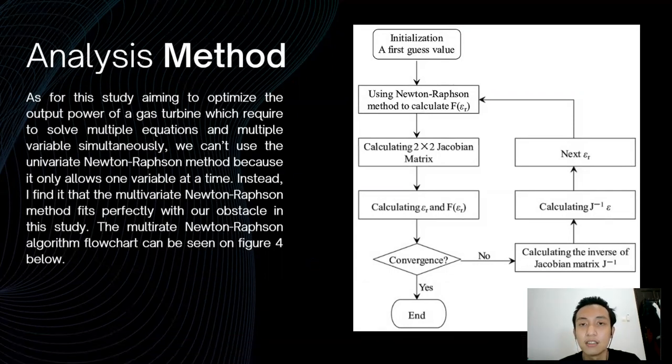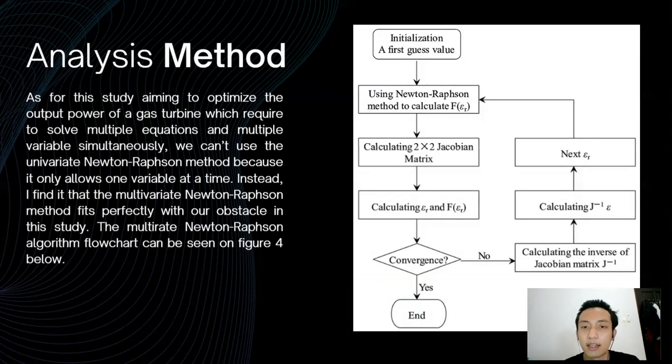First we have initialization, a first guess value. From that guess value, we use the Newton-Raphson method to calculate the result of f of epsilon r. Epsilon r means the new x value from our first guess value. So we calculate f of epsilon r, and after that we calculate the 2 times 2 Jacobian matrix.